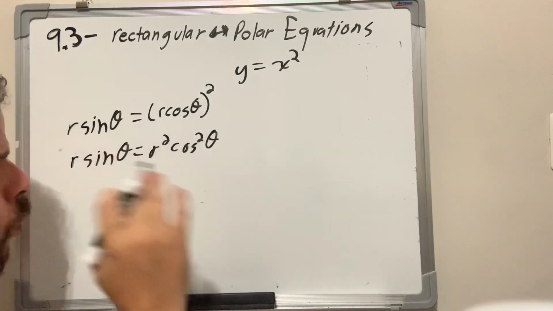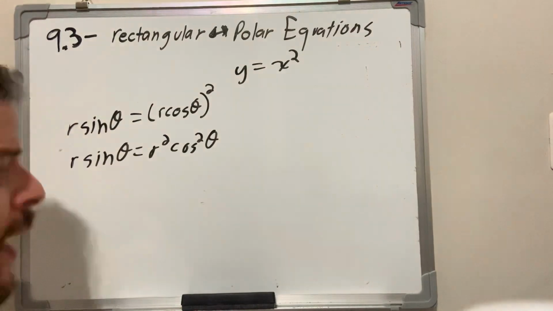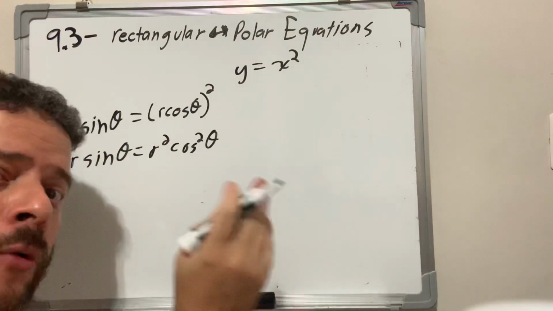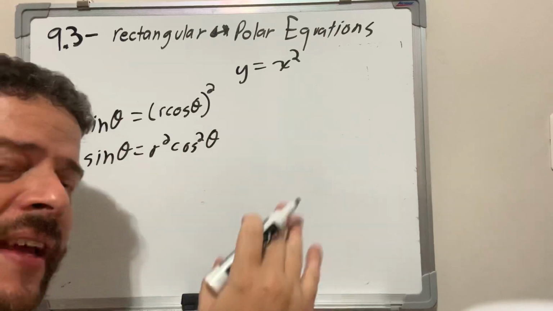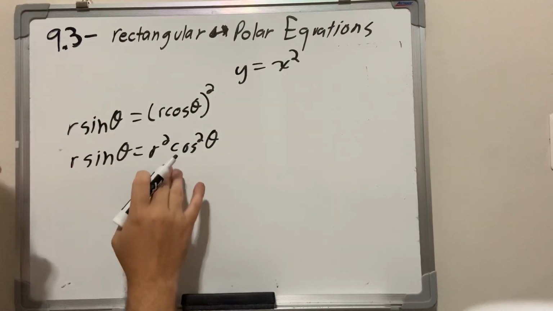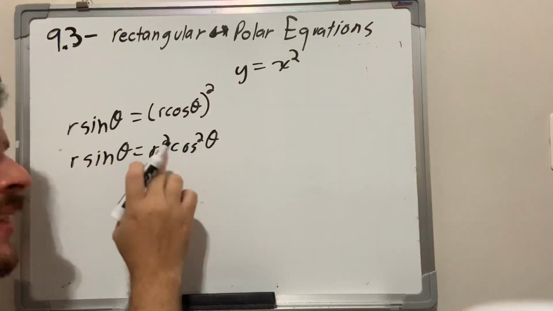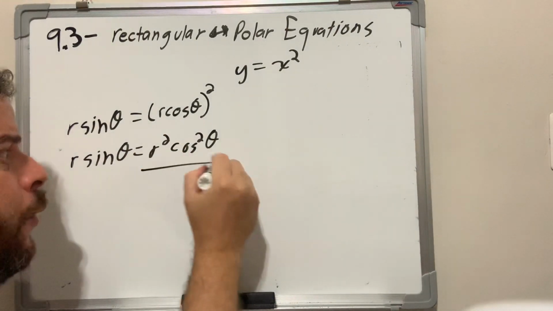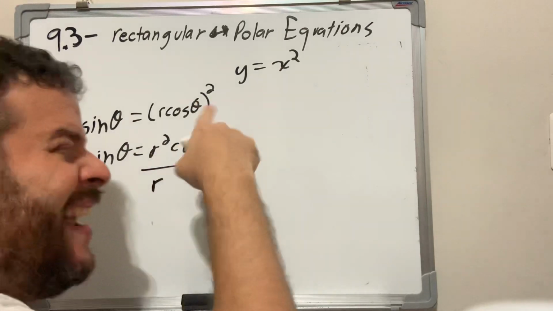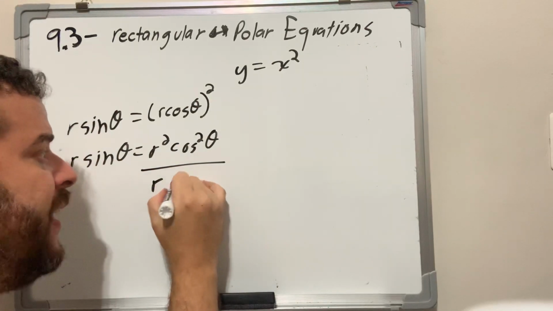Now the trick is, what you want to end up with is a single r on one side and everything else on the other side. So in order to do this, if I divide the right-hand side, the side that's squared, I'm going to get rid of one r and everything else on that side.